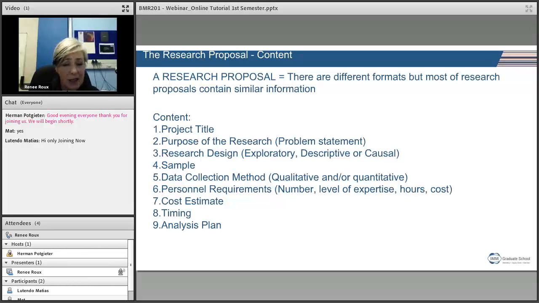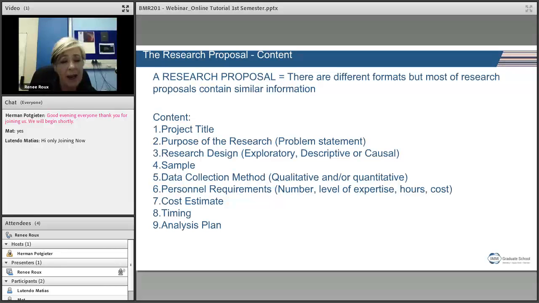So your proposal will always have a title page: what is the project name, the title? Then secondly, what is the purpose of the research? The problem statement: why are you doing the research? Then it will cover the research design. Remember we talked about the research types in the beginning. Will it be exploratory, descriptive, or causal?